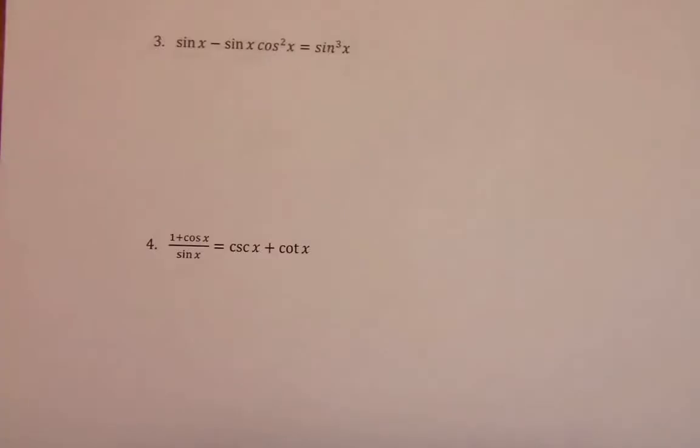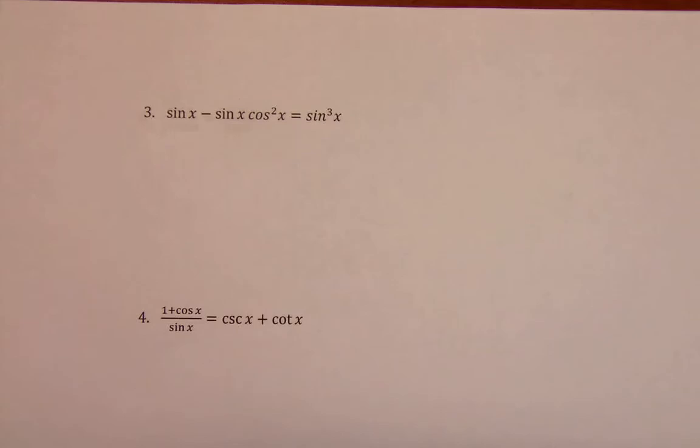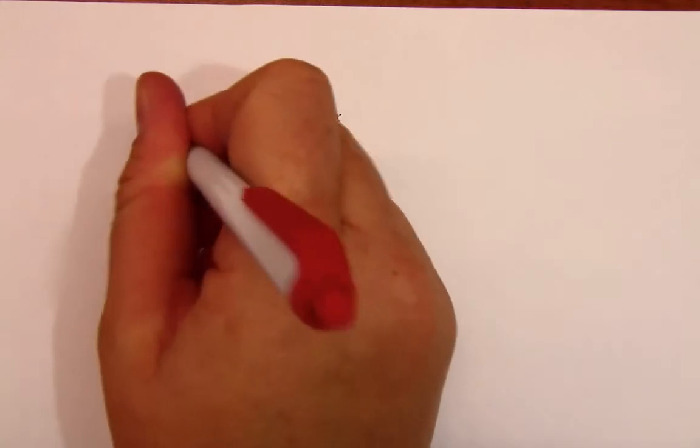Let's move on to our next example. We have cosine x plus cotangent, sine x plus sine x minus cosine squared x equals sine cubed x. Well, first off, we can factor out a sine x.